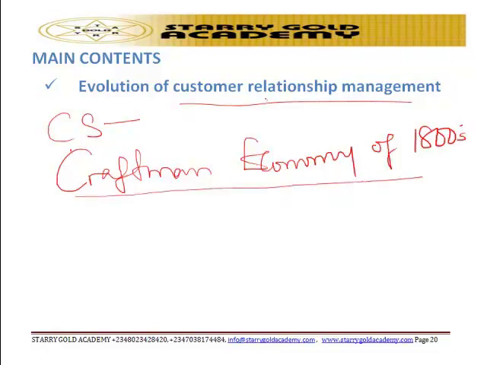So customer relationship service was called customer service then, and this customer service was a system that was used, and it started in the 1800s, and they call it craftsman.